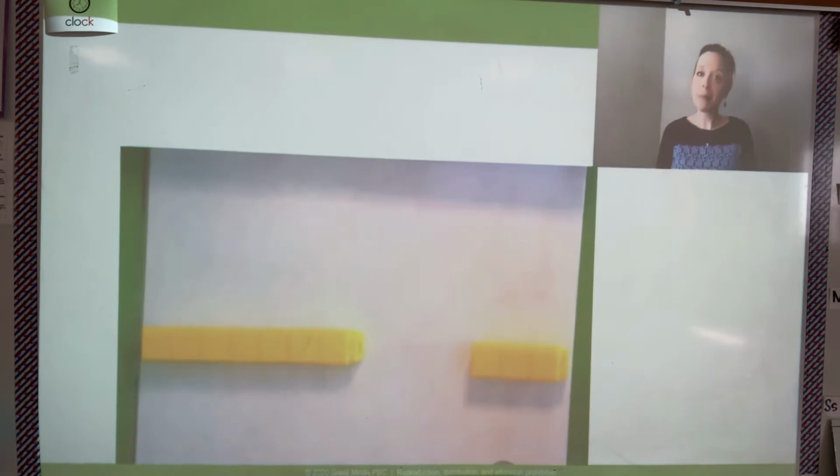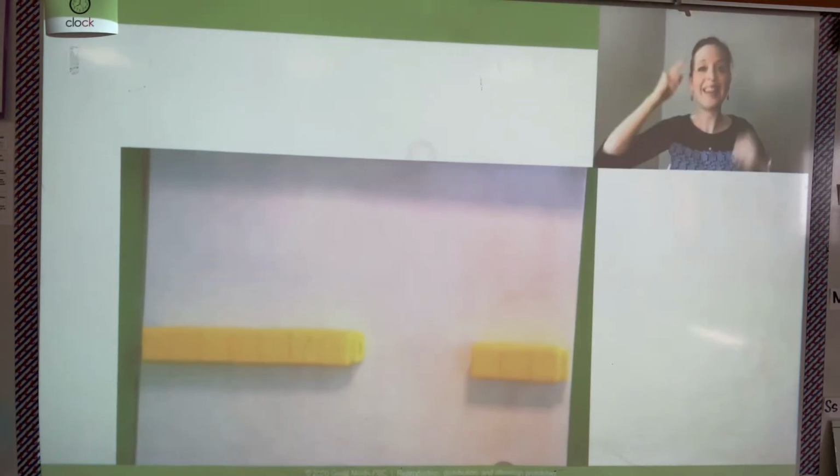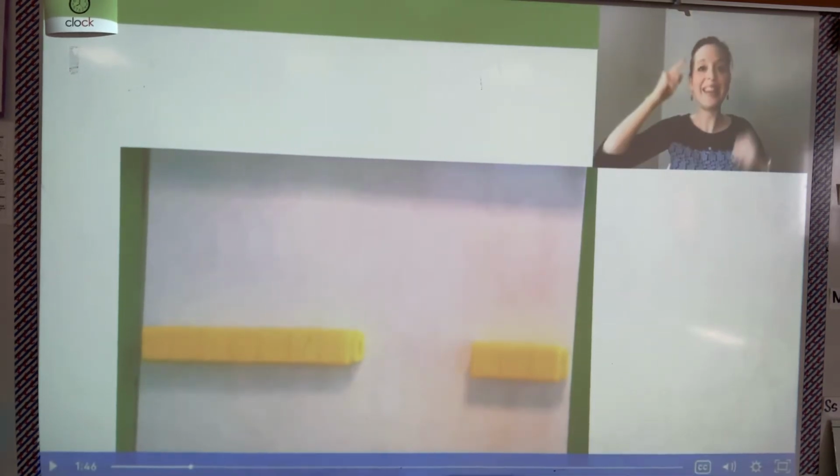Let's make a number bond about what we just did. What was our whole? Think about the whole. Carolyn, what was the whole? The whole is the 10. 10 is our whole. Excellent.